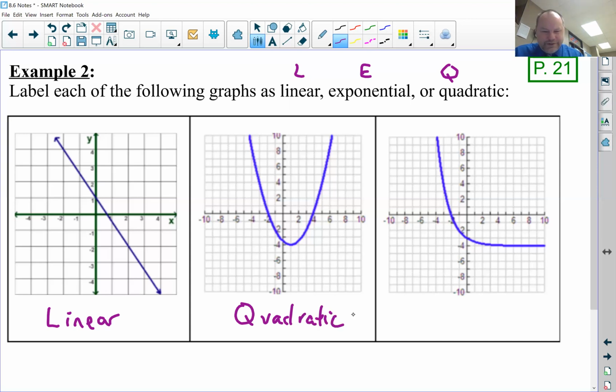Quadratic, I would agree. And our third example. Exponential, I like it.